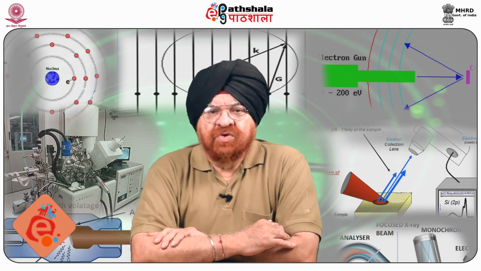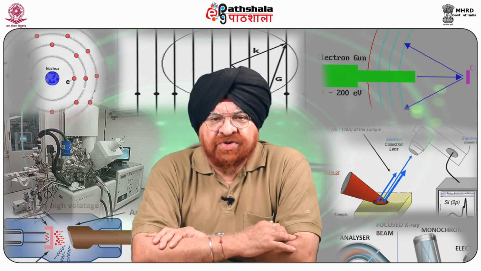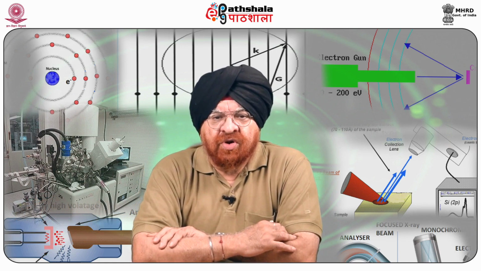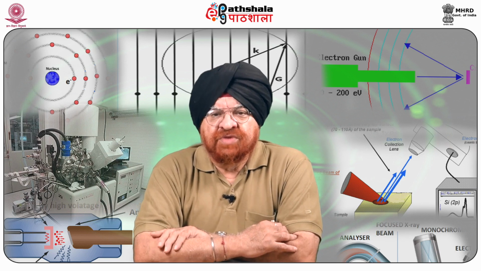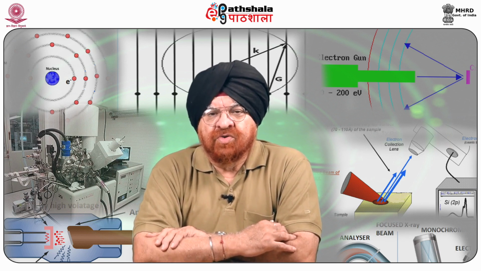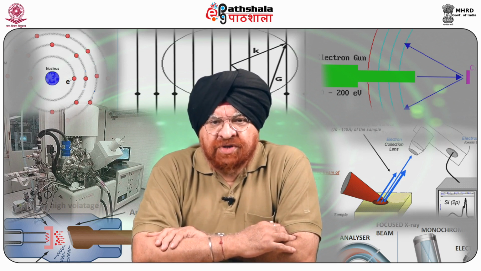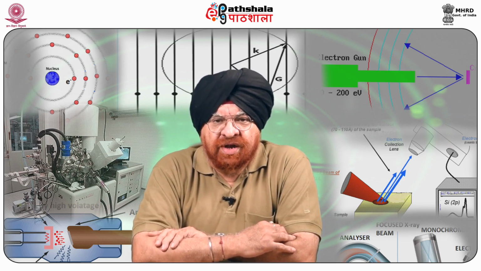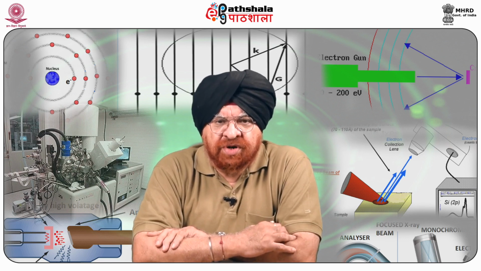Today, we are going to discuss another module, which is going to be on the introduction of secondary ion mass spectrometry, which is briefly called SIMS. This is a part of the surface analytical techniques, and it comes from the second part of this unit.